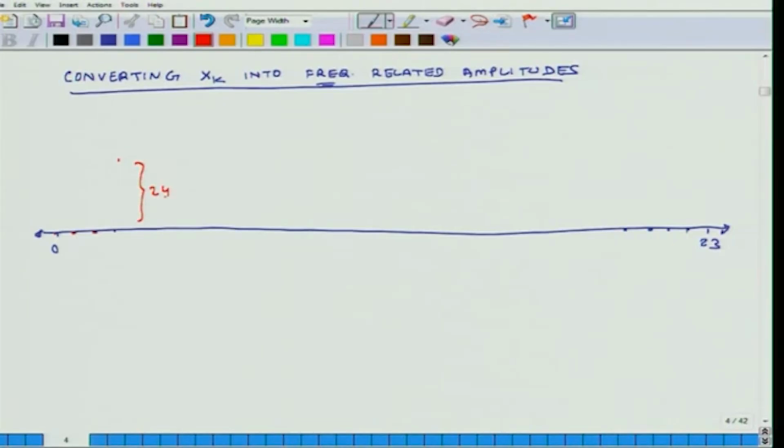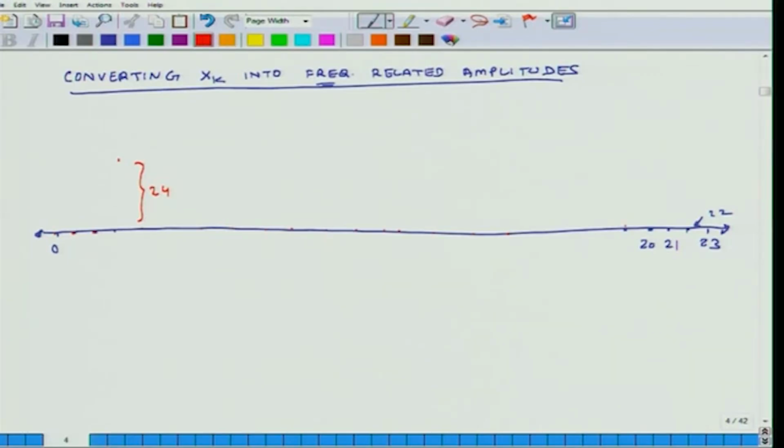So this was 24. And then you keep on computing, you will find that there were lots of zeros, and at all places it was 0. But till you come to 21, and then this is 22, this is 20.